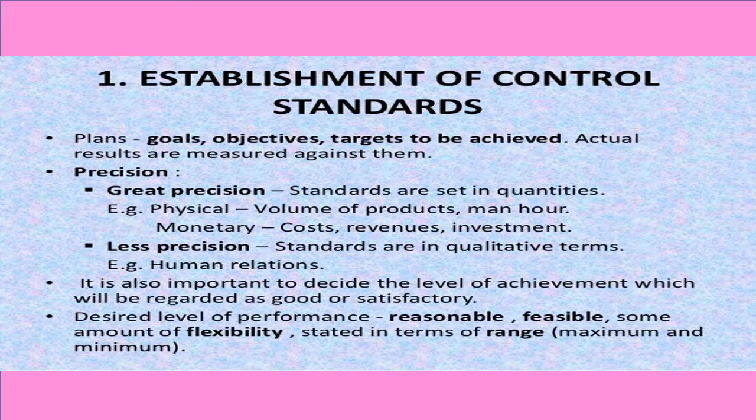When you are setting the standards, they should be flexible enough to be modified whenever required. If they are very rigid and we cannot change them, then it will defeat the process of controlling. Let's understand the standards which are used in functional areas.